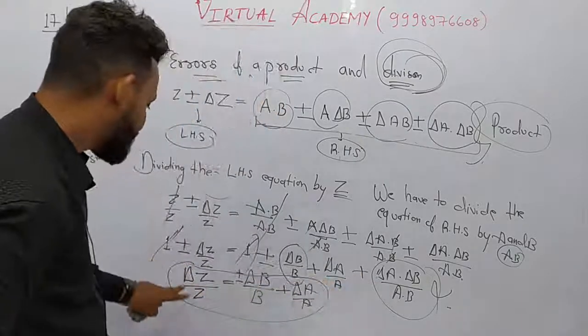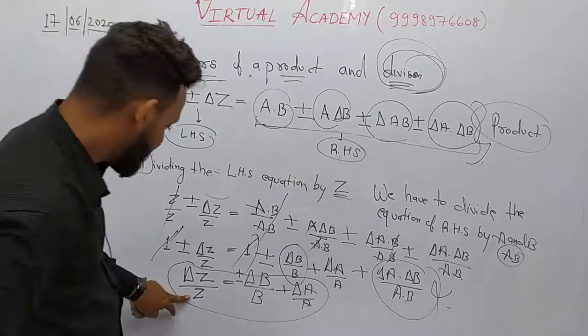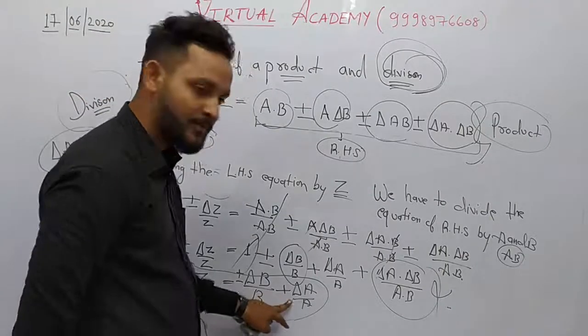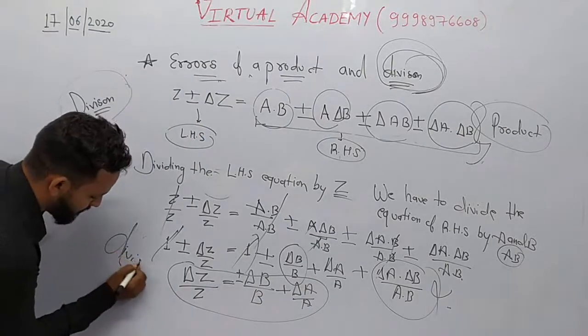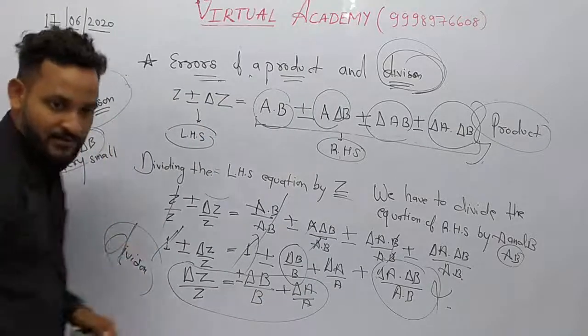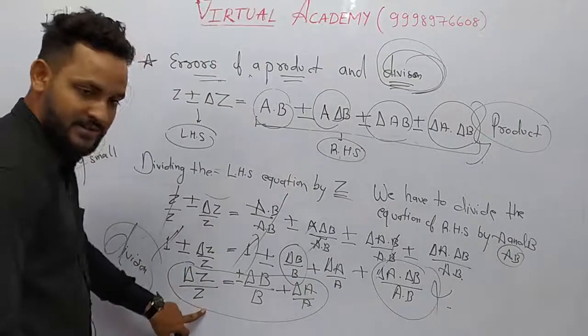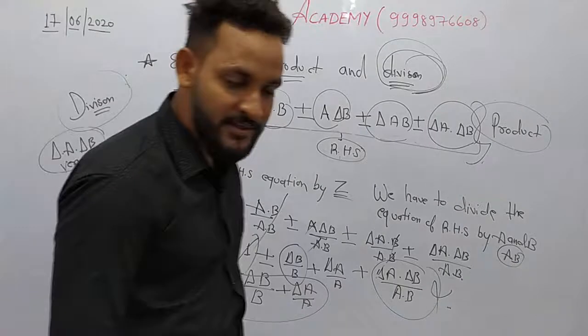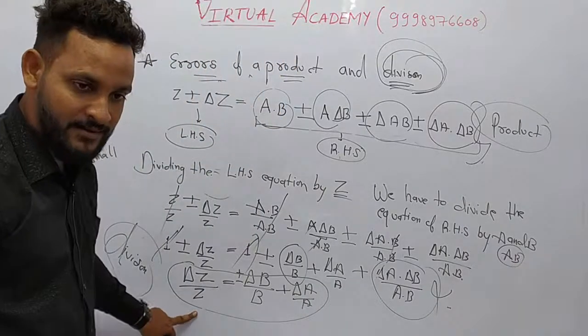So we have three terms: delta z upon z, delta b upon b, delta a upon a. So it is for division. Clear? After the division, one thing is left. So easy, it is easy. Please students, give me your thumb if you are catching my words. Okay, understand?